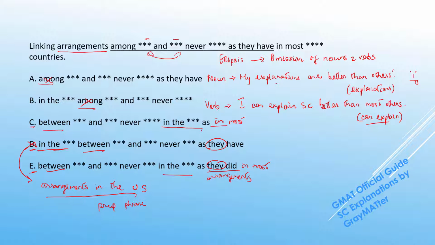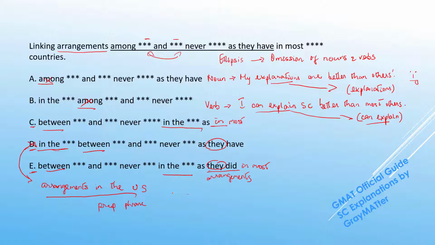So the idea of ellipsis is that if I can copy paste this noun here after the others and it makes sense, that means the noun can be omitted. And if I copy paste the verb here in that position after others, then the verb can be omitted, and that's the verb ellipsis. See, noun ellipsis is pretty straightforward, but one has to be very careful when dealing with verb ellipsis.